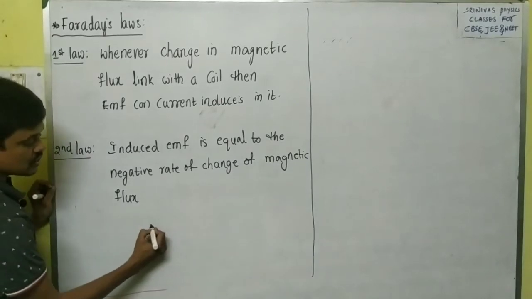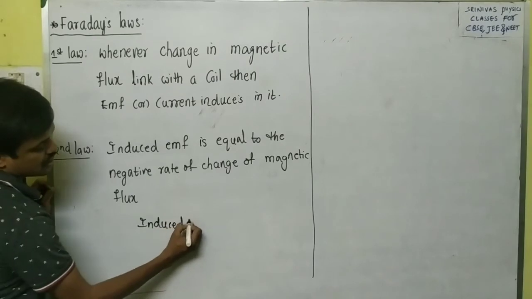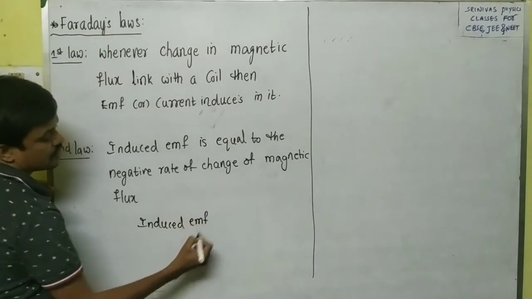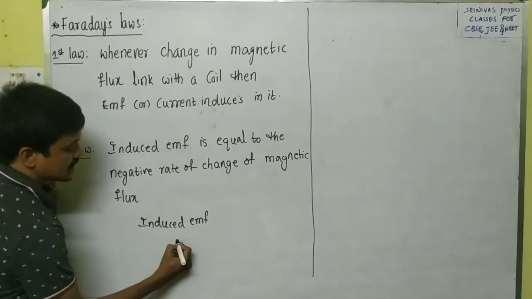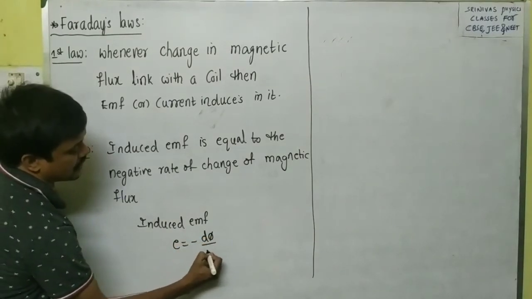That is, we write the induced EMF as minus d phi by dt.